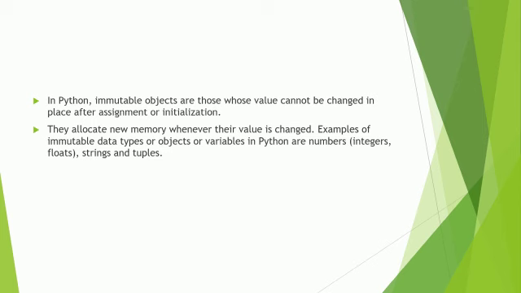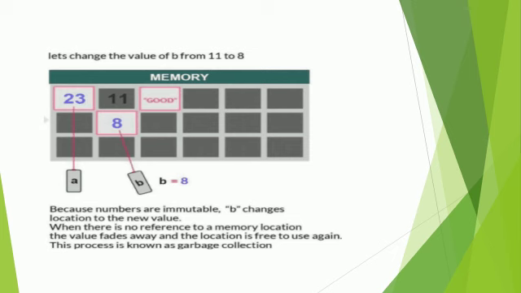They allocate new memory; whatever is created is always fixed, so a changed value means a new object. Examples of immutable data types are integers, floats and so on. Lists, tuples and dicts and so on are mutable objects, where the ID stays the same.